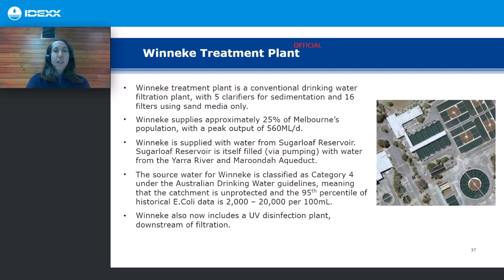And the 95th percentile of historical E. coli data is in that range, 2,000 to 20,000 per 100 mils. So that puts it in that Category 4 classification for those who are familiar with the Australian Drinking Water Guidelines. And Winnichy now includes a UV disinfection plant, which was recently built downstream of filtration, as the guidelines have updated regarding the required treatment and removal of protozoa in particular.